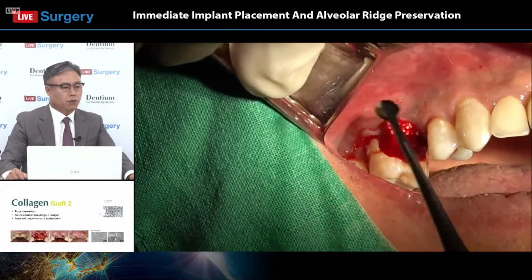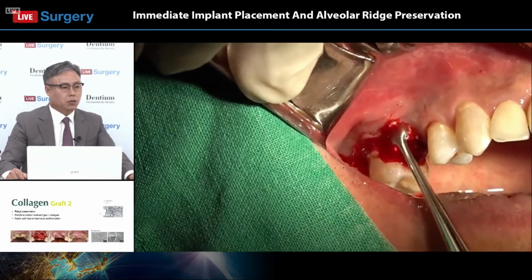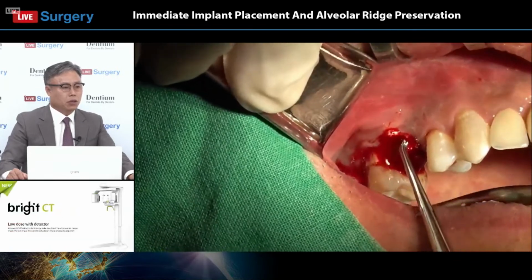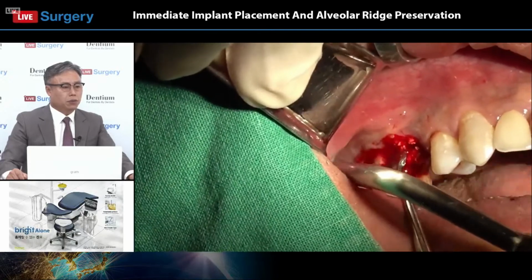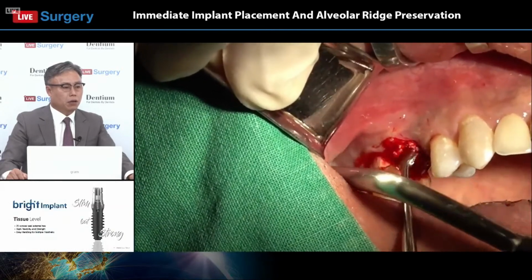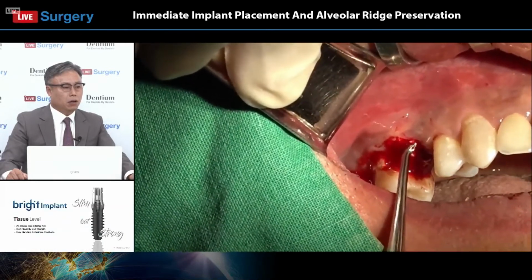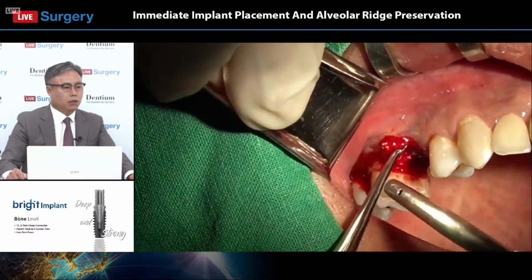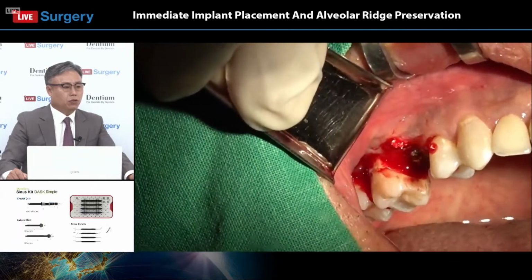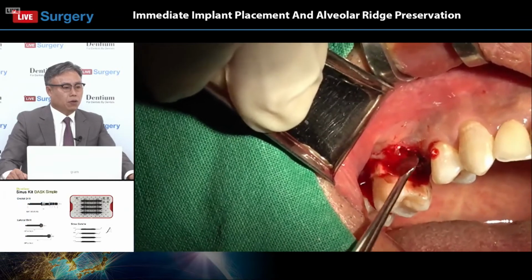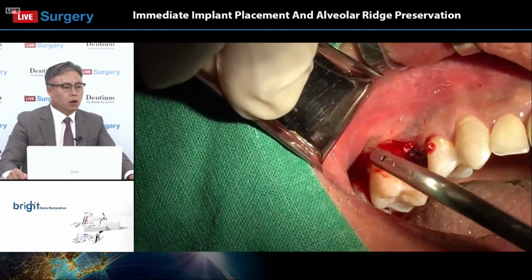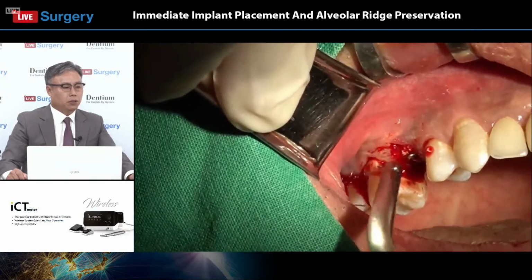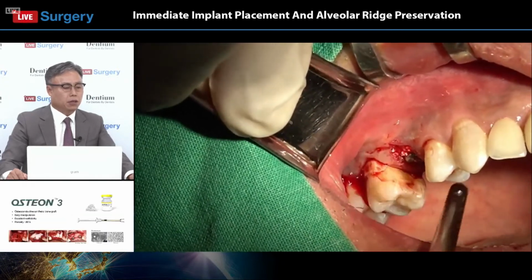I think it's pretty good for extraction without damaging surrounding tissue. This is the other side of the bone packer, applying the bone graft into the gap. We don't need the remnant, that's why he's removing the remnant above the bone crest.